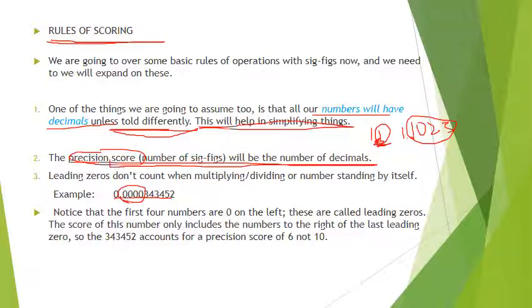I mean, do they count as our score? Well, sometimes they do and sometimes they don't. So we call these leading zeros, where there's no other number in front of them. And we're going to see sometimes we count them as actually part of the score, sometimes we don't.